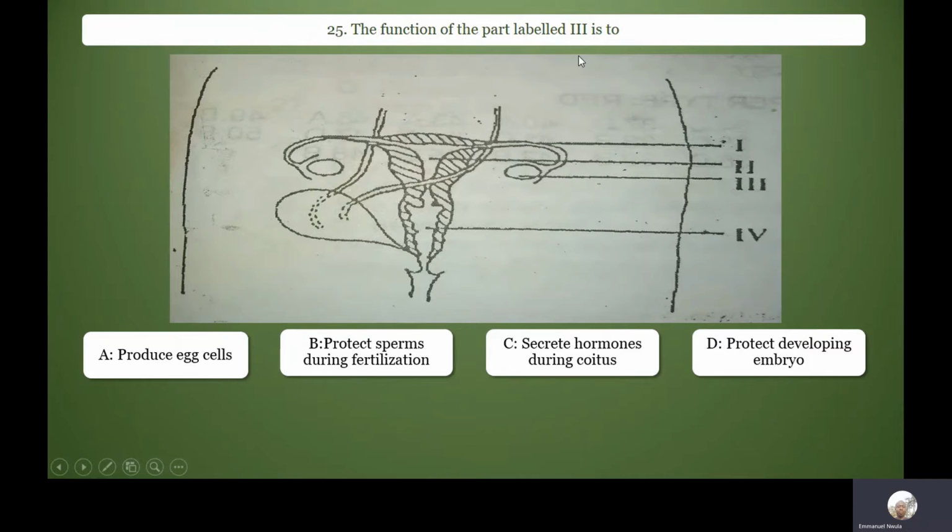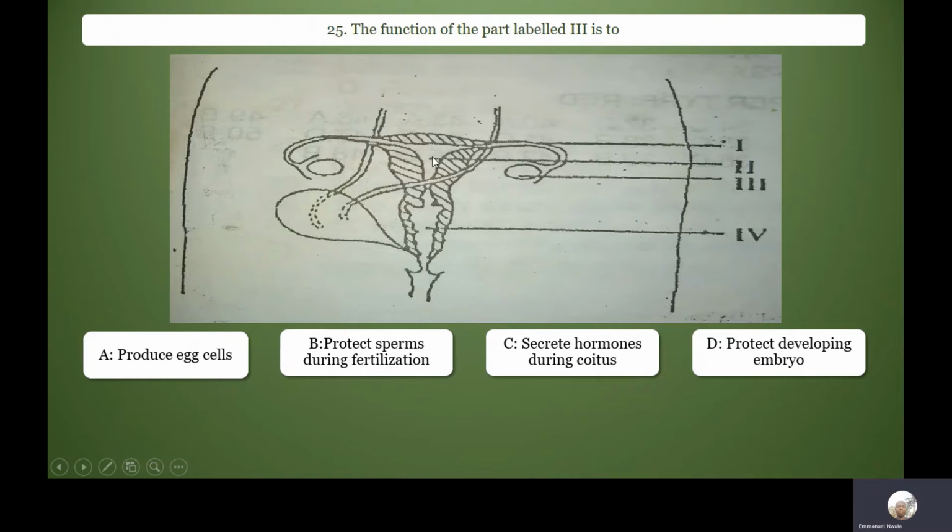The function of the part labeled III. II is the uterus, and III is the ovary. So the function of that is to produce egg cells. The correct option here is A. I here is the fallopian tube.